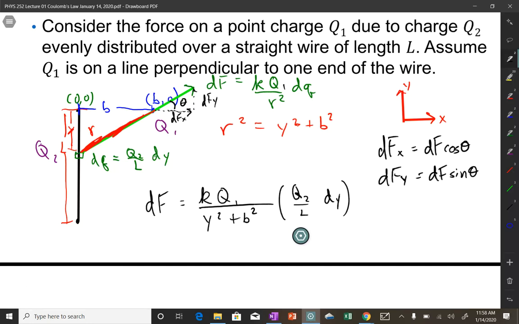Now, I said I defined a theta. I can define theta in terms of that triangle again. So notice I have similar triangles, the dfx, dfy, df, and the y, b, and r.